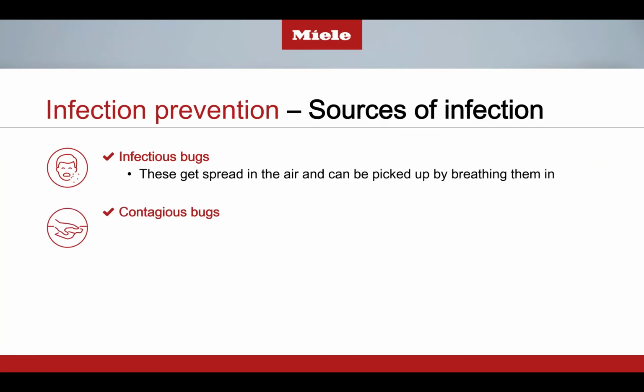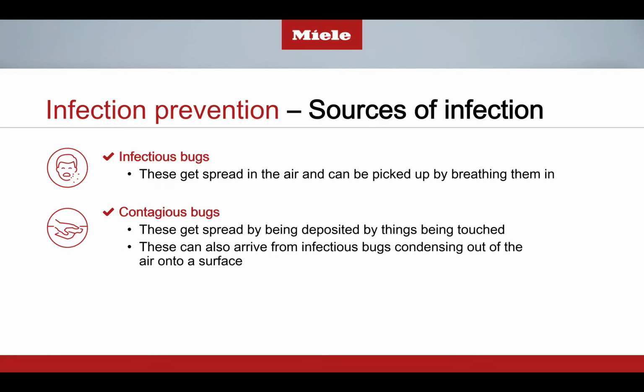The contagious ones come from the same word as contact, and they come from physical contacts. And they can get spread by being deposited from your hands or from your clothing onto the things you're touching. They also can arrive from the infectious bugs that are in the air, condensing out of the air and landing onto a surface. And these can then be picked up from touching the surface.